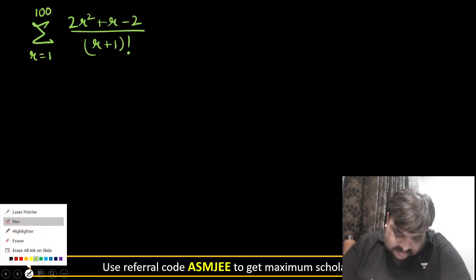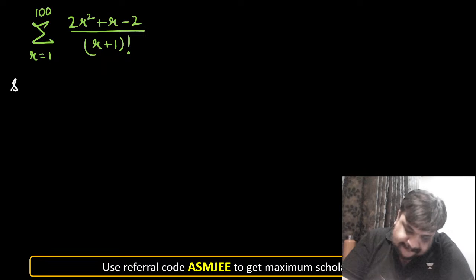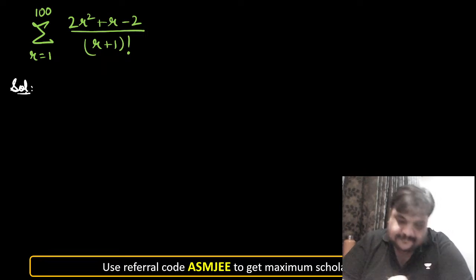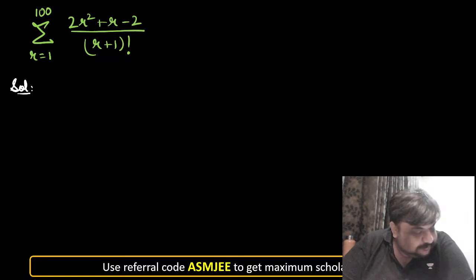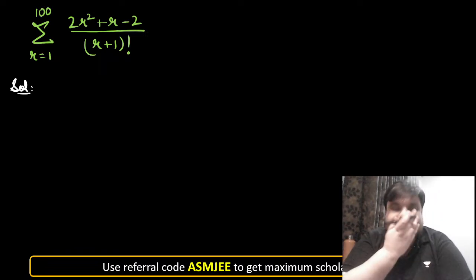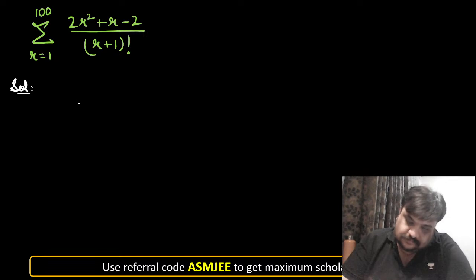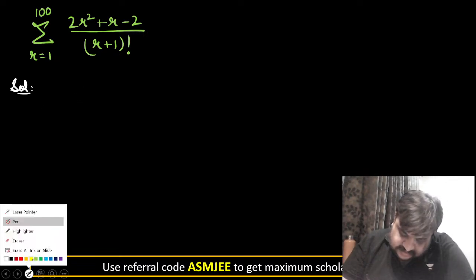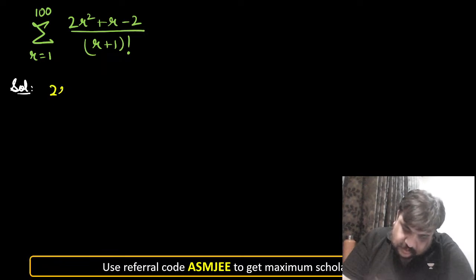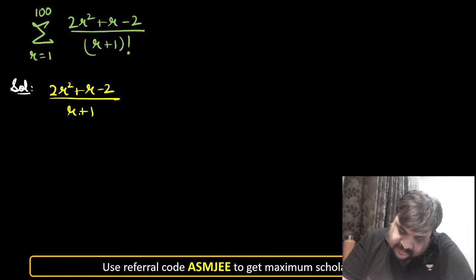Have you solved this question, guys? So how should we start? 2r square plus r minus 2 upon r plus 1 factorial.